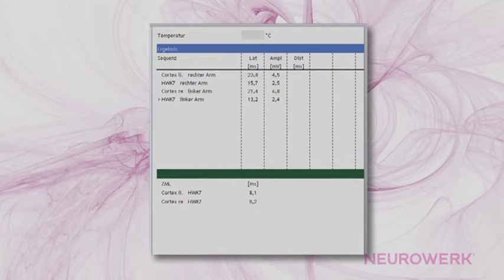In the results table, the individual latencies and amplitudes, as well as the calculated central motor conduction time, are shown.